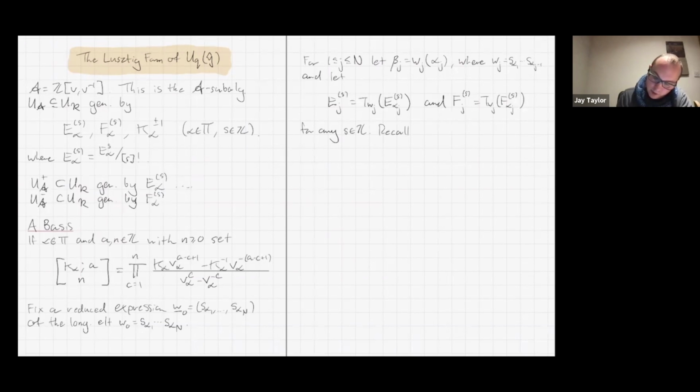Right, so just recall that one advantage of constructing things in this way, by this reduced expression, is that we now have that the positive roots are a totally ordered set.